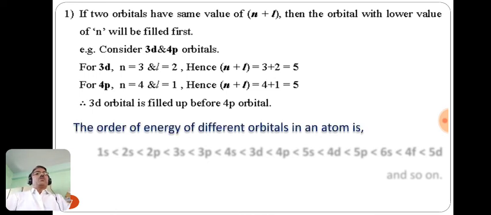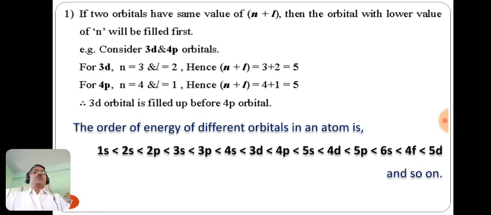So according to this rule, the order of energy of different orbitals is given here. This is the order of energy of different orbitals which are to be filled by electrons.